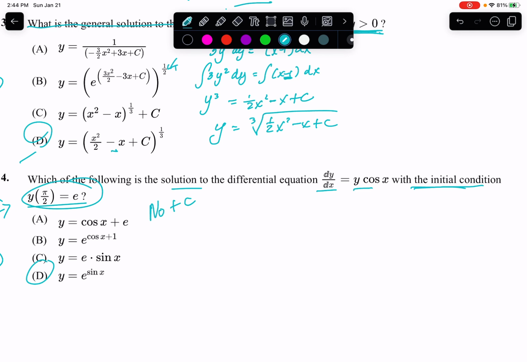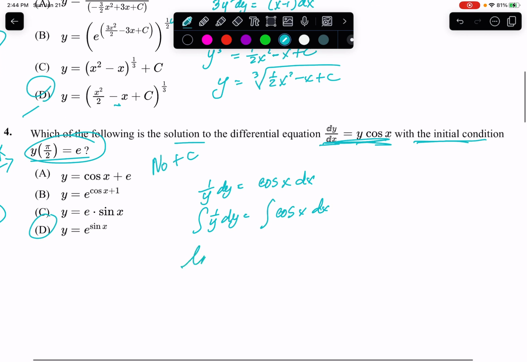So go ahead and separate your variables. So we have 1 over y dy is cosine x dx. So integrate both sides. So I end up with the ln of the absolute value of y is equal to sine x plus c.